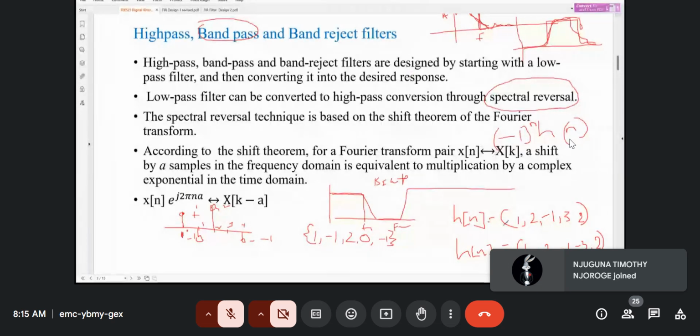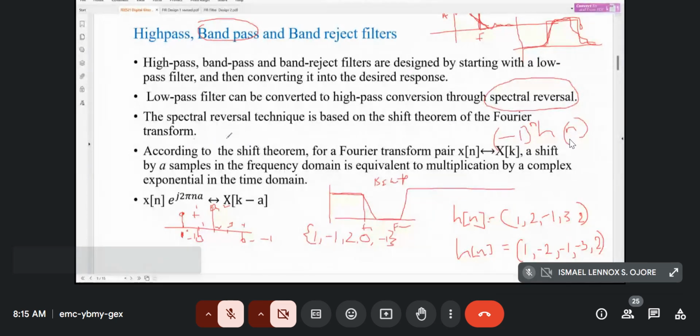And of course, it comes from the shift theorem of the Fourier transform.